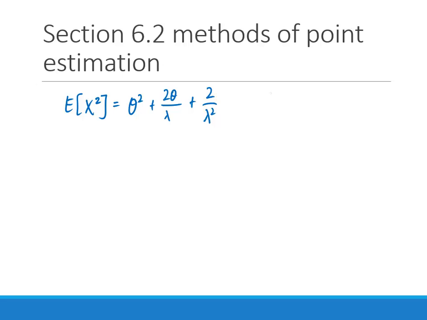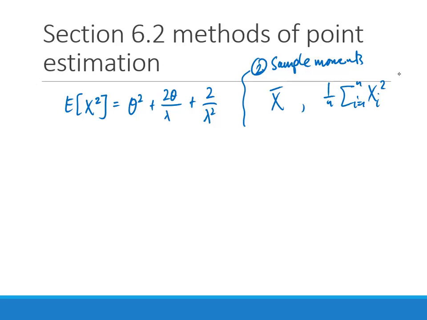Okay, so those are my population moments. My sample moments are going to be the same as before. So I have x bar and the average of my squared observations. And now I just need to set these things equal to each other.